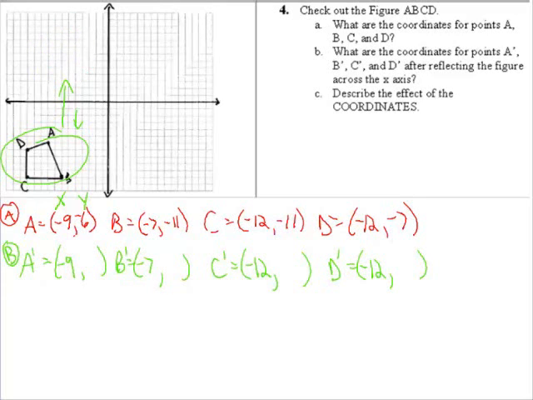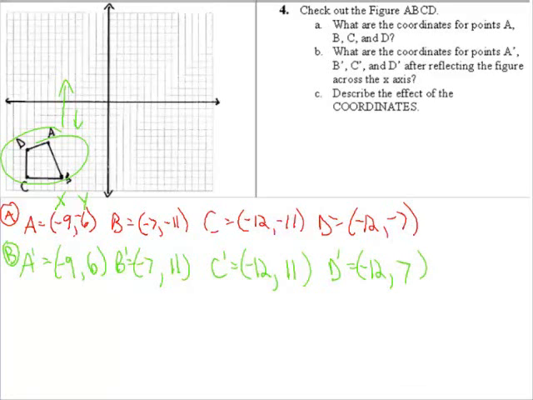If that doesn't make sense to you, you can actually count it and graph it up there, but all my y values are going to become opposite. So it was -6, it's going to now become +6. It was -11, it's going to become +11. It was -11, it's going to become +11. It was -7, it's going to become +7.